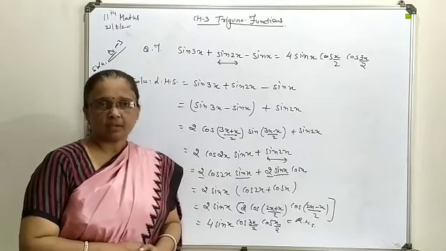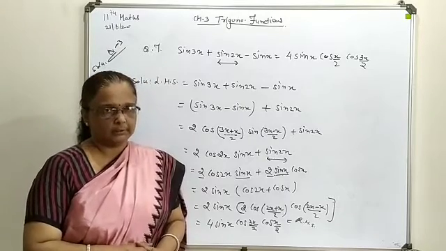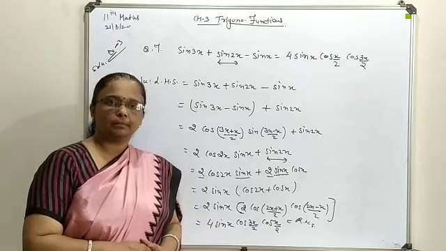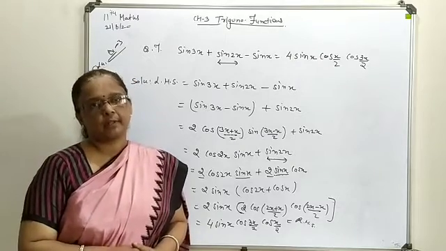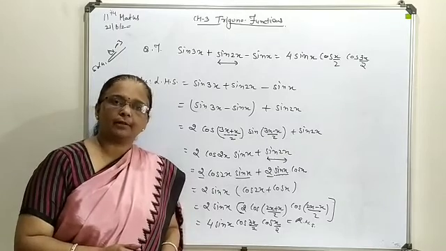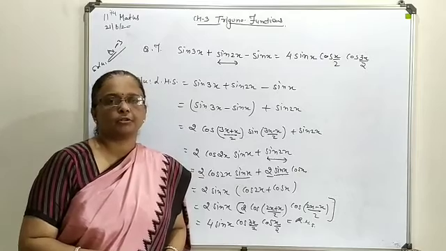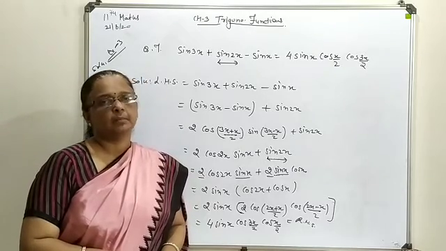So try to revise all those formulas, so it will be better for you to understand how we have written the interconversion and how we have derived the required term. In the next lecture, the remaining questions we will attend with some illustration.